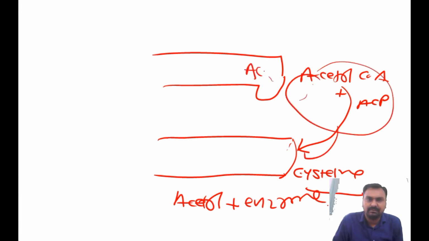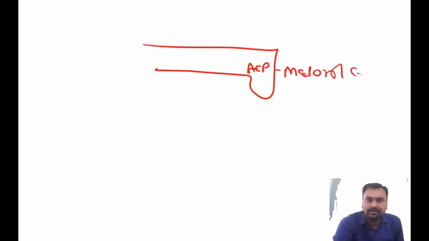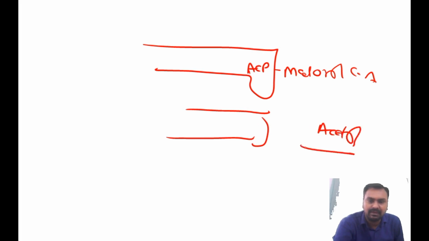So here there is the ACP part, this vacant site, malonyl-CoA will bind, so it is ACP and malonyl-CoA will bind here on this side. So it is called the malonyl ACP, and here this is the acetyl group.